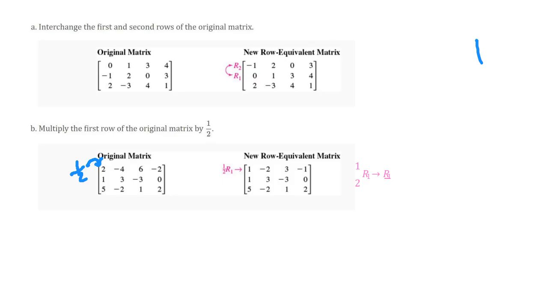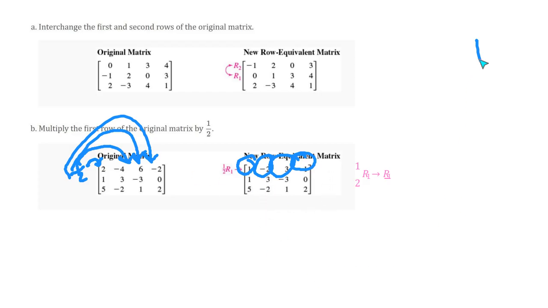So 1/2 times 2 gives us the 1 here. And then 1/2 times -4 gives us -2. 1/2 times 6 gives us 3. And 1/2 times -2 gives us -1. Now the other rows, we didn't do anything to them, so they stay the same. Okay, so that would be our answer.